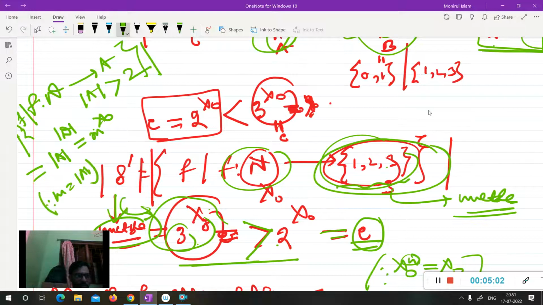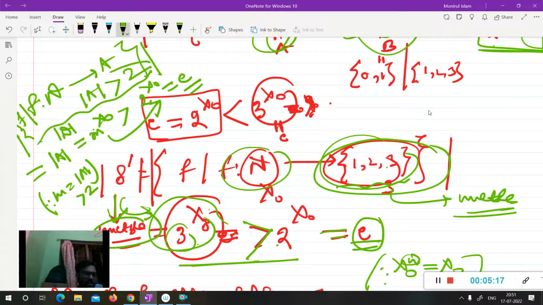Since m is greater than 2, m to the power aleph naught is greater than 2 to the power aleph naught, which is the continuum. So this set has cardinality greater than the continuum, so this must be uncountable. So in general, if there is a mapping from N to A where the cardinality of A is greater than 2, then this set must be an uncountable set.